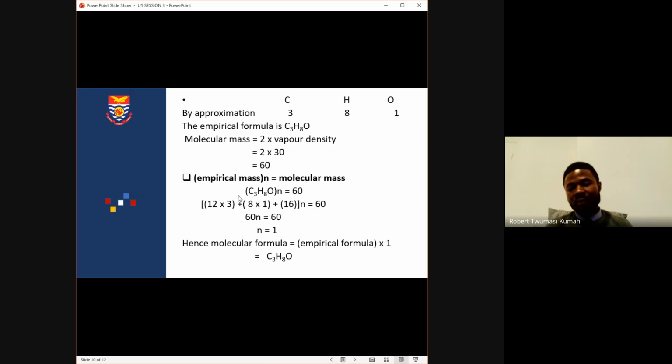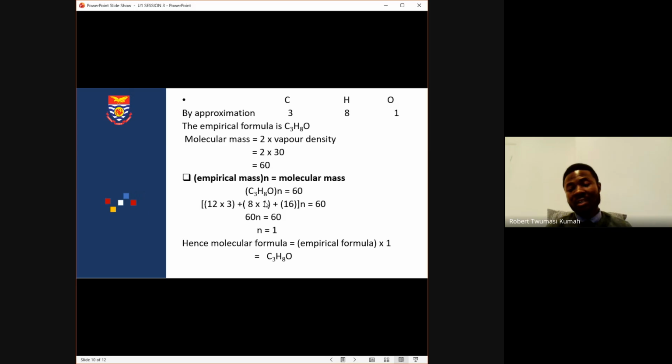So we go back to our determination of molar mass. Carbon has atomic mass of 12. So 12 times the number of carbon atoms present. There are 3 carbon atoms. So 12 times 3, bracket goes. Plus, then we'll move to hydrogen. There are 8 atoms of hydrogen here. The atomic mass of hydrogen is 1.